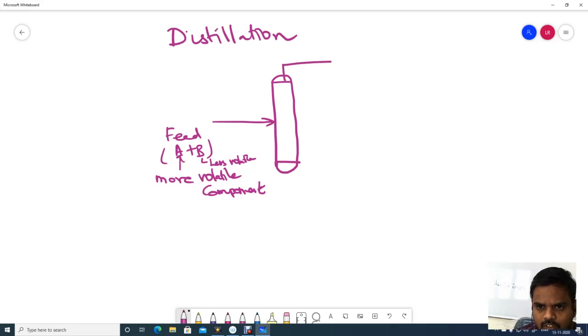We will have a top product. Actually, we will have a condenser, and some amount of the product will be recycled to the column. So we will have a condenser here, and we will collect distillate.